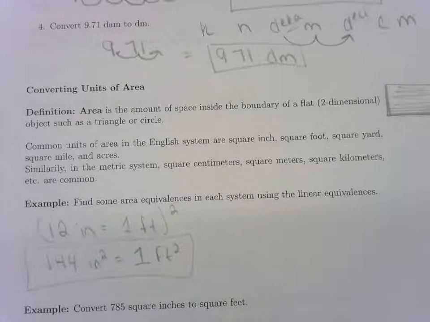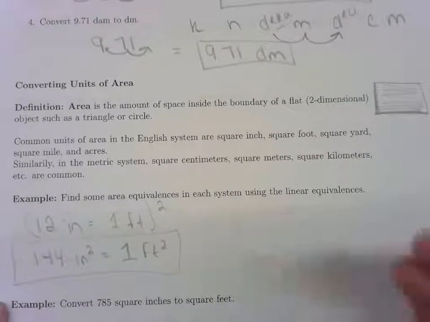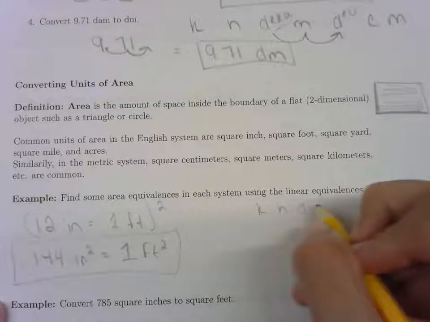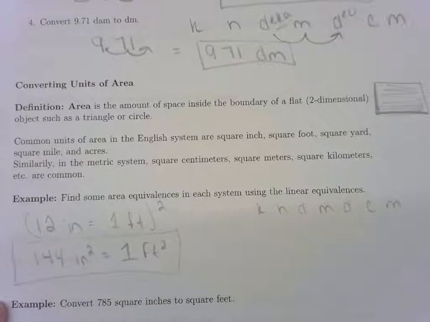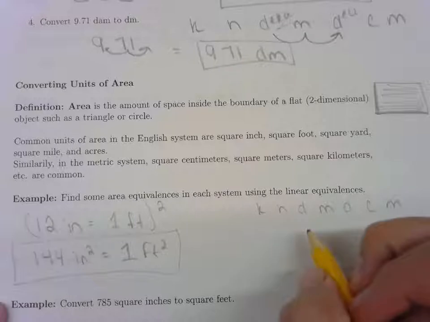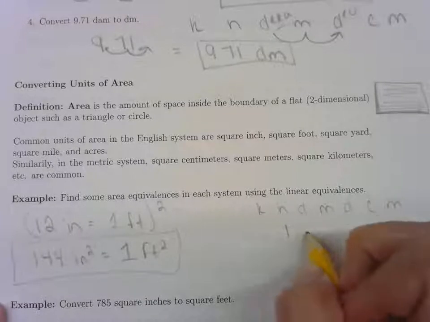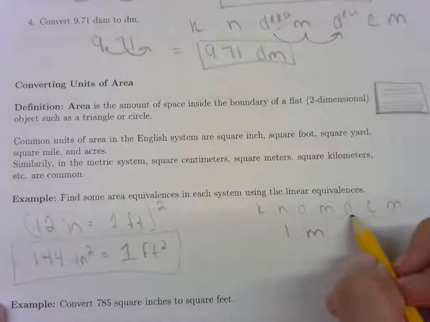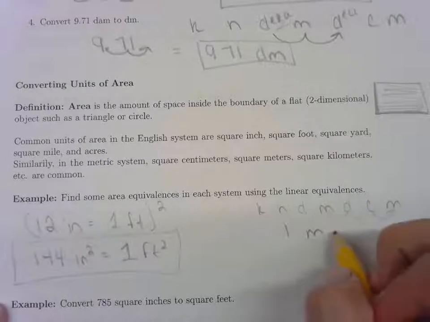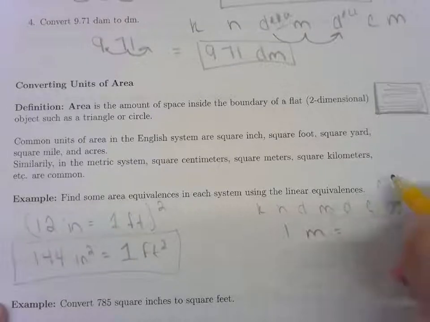Let's do one in the metric system. So we have King Henry died Monday drinking chocolate milk. One linear measure, for example, would be 1 meter is the same as 1, 2, 3. So I would take 1 meter, 1, 2, 3, would be the same as 1,000 millimeters.